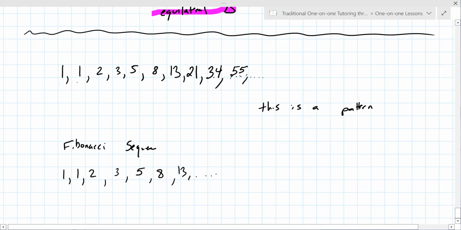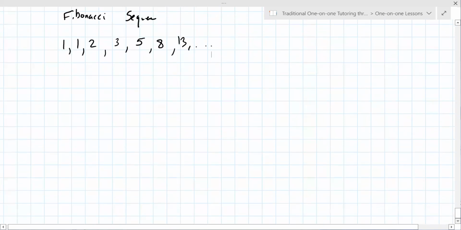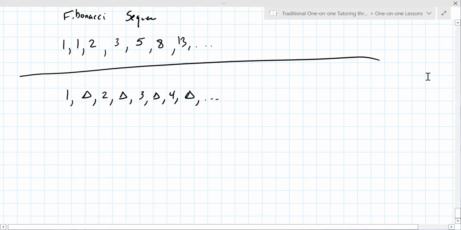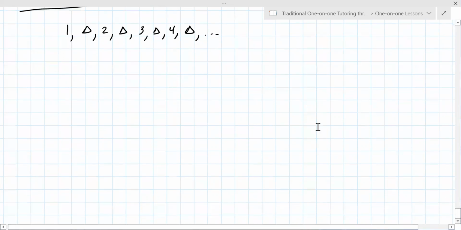Now, you're not going to be asked this in your class, but this is a nice introduction into patterns. So here's one that you might get in this class. What is the next thing in this sequence? What goes right there?